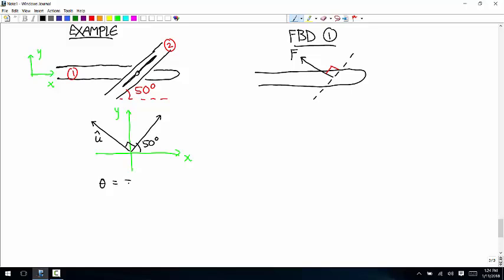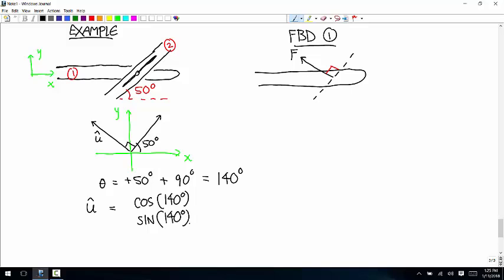So theta is equal to positive 50 plus 90, so 140 degrees. And so the unit vector is just cosine of 140, sine of 140. And that is negative 0.766, positive 0.643.